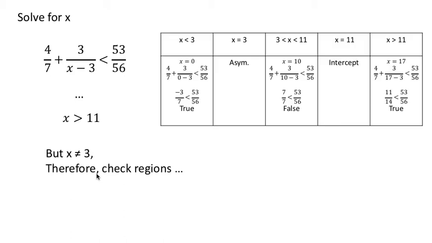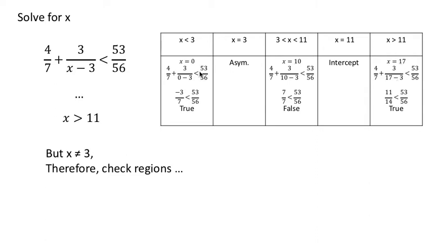Let's check the different regions. I think about what happens at x equals 3, where we've got a vertical asymptote, and x equals 11, where we have our intercept, or our critical point. So what happens when we're less than 3, between 3 and 11, and greater than 11? Do some test points, try them out, see what happens.